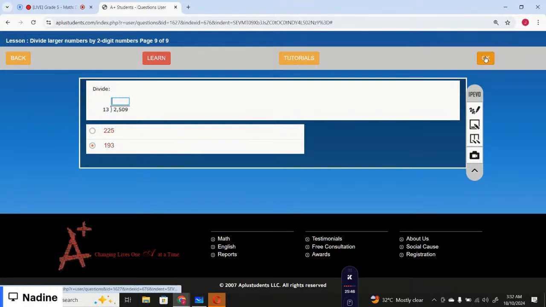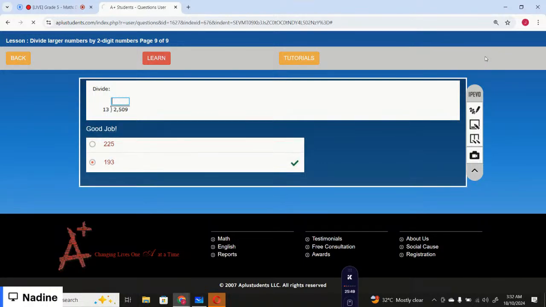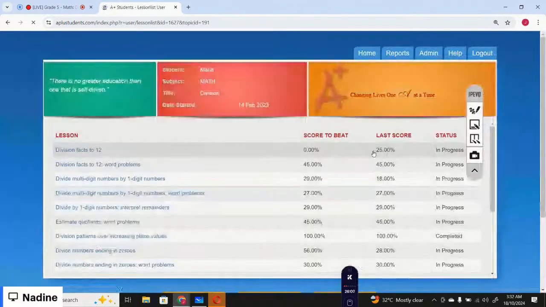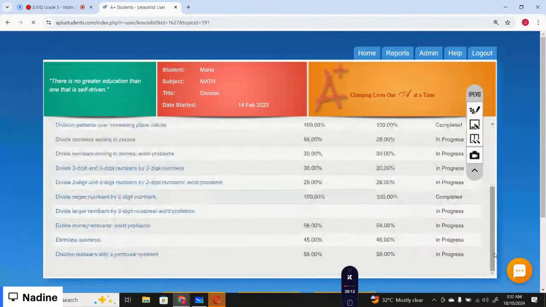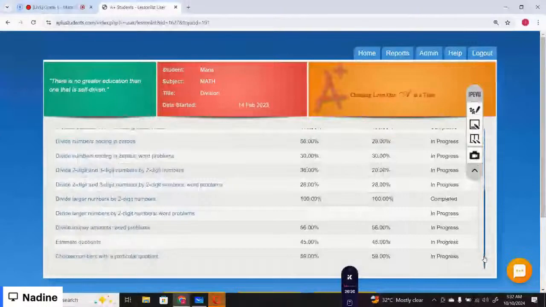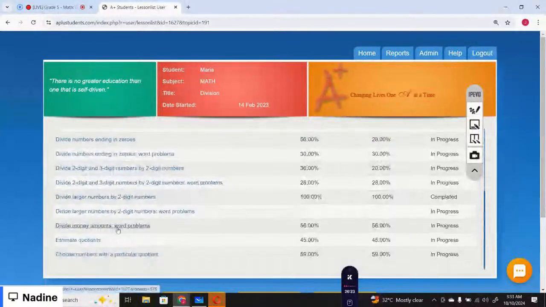Okay, we are done with the lesson. Let's just move on to the next lesson. The next lesson is estimate quotients.